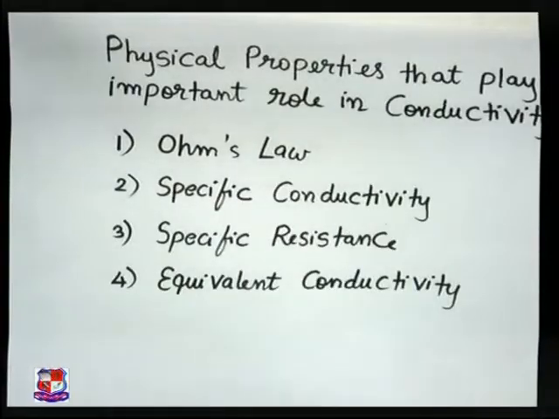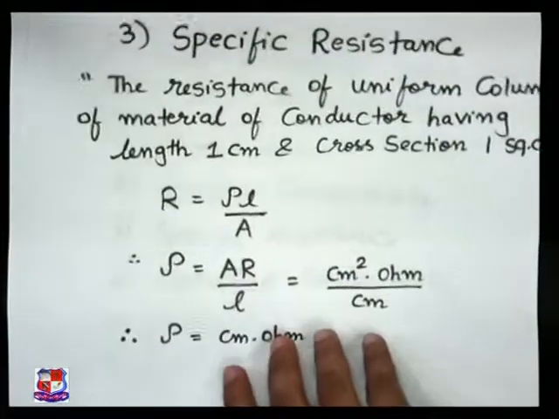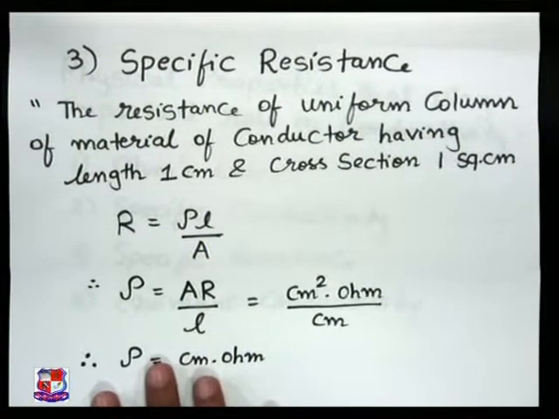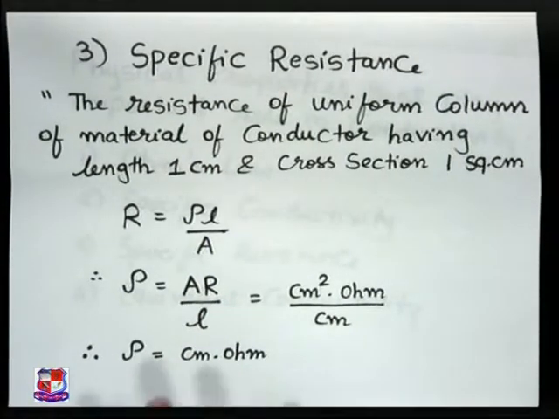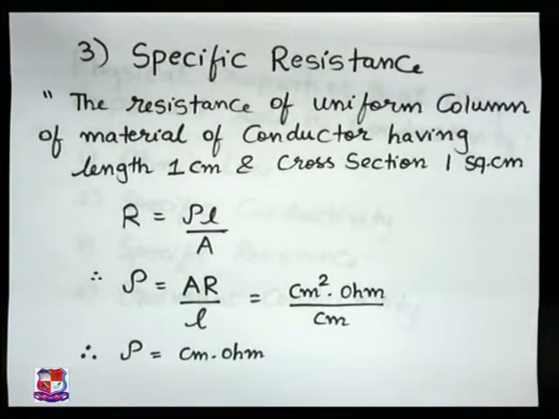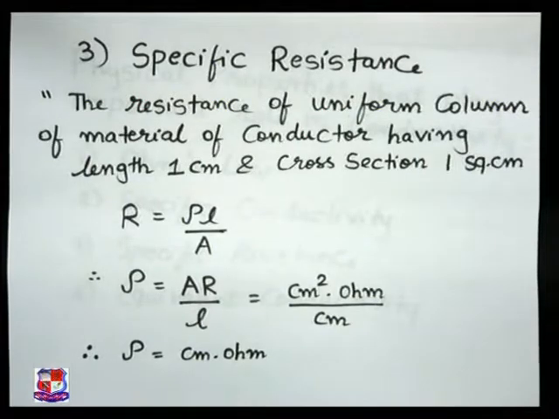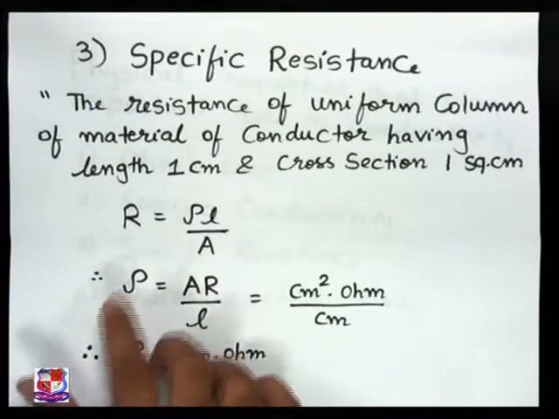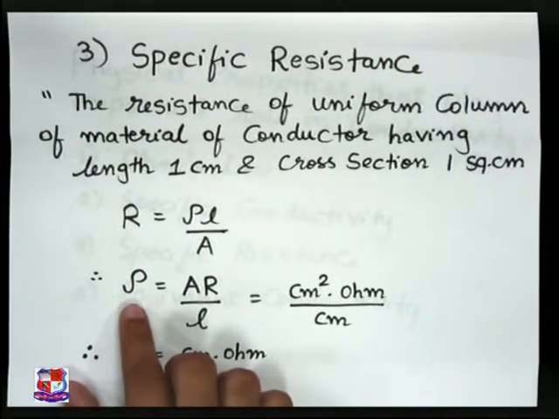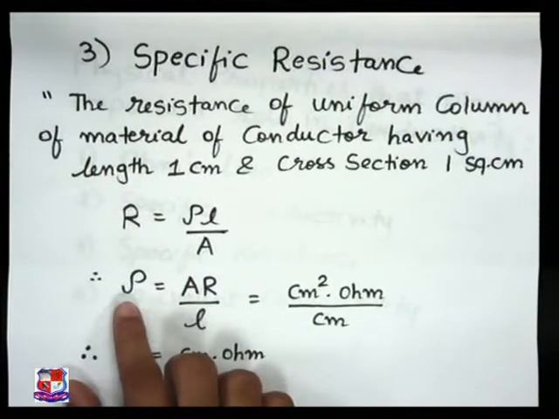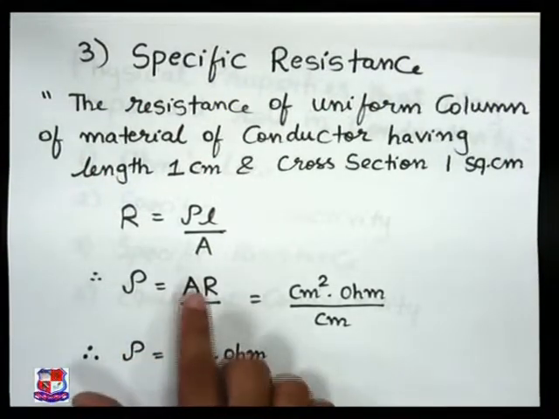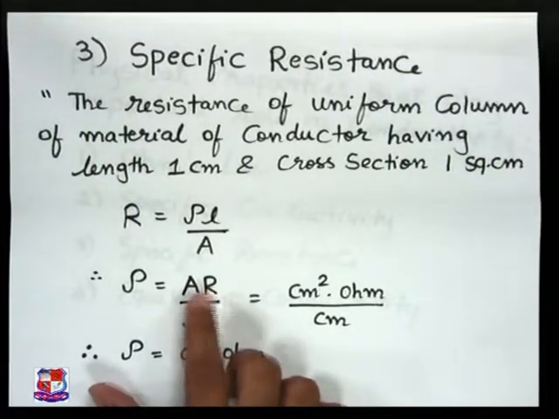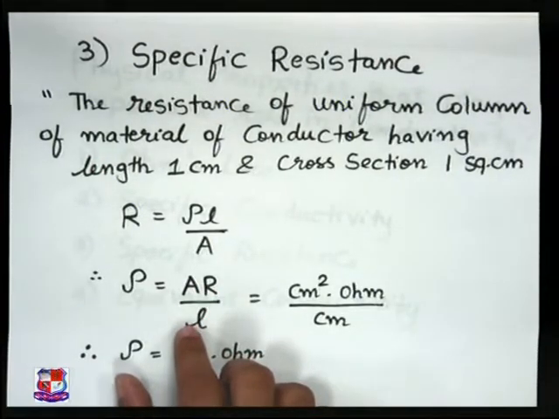Moving to the third definition, that was our specific resistance. Specific resistance is the resistance of a uniform column of the material of the conductor having length 1 cm and area of cross section 1 cm square. If R equals rho L upon A, then to find the value of rho, rho equals A R upon L. A is area, R is resistance, L is length of the conductor.